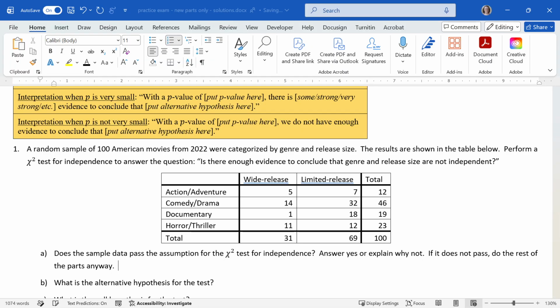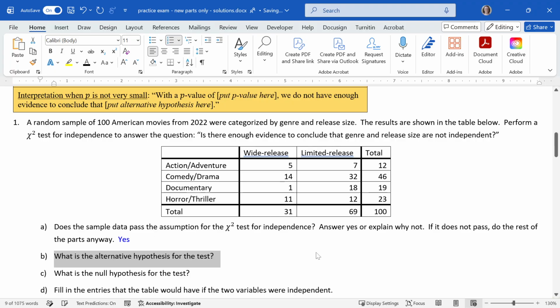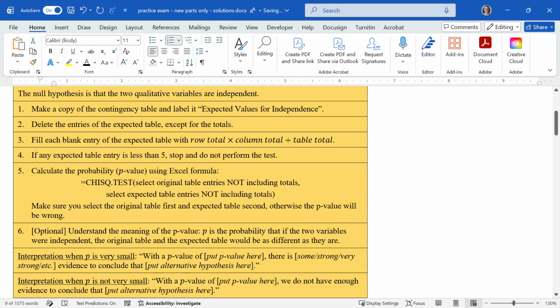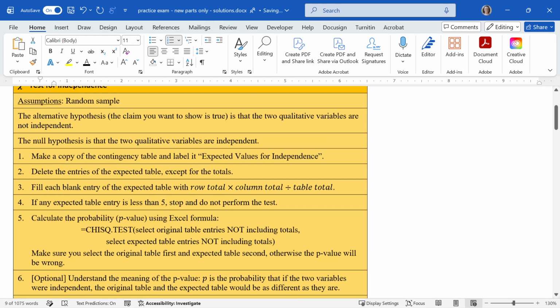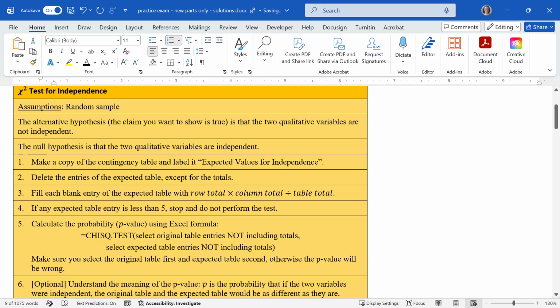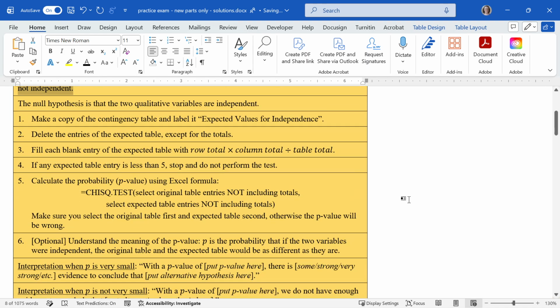Okay, so this is yes. What is the alternative hypothesis for the test? The thing that you are trying to prove is given in the question, and for a chi-squared test for independence, it can only be that the two qualitative variables are not independent.